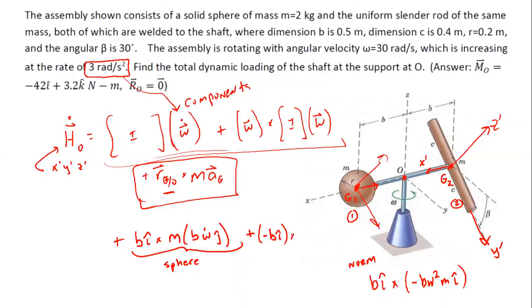And then I've got to cross that into M times my tangential acceleration of G2 there. Which direction is that going to be in? The question is a tangential acceleration, so that thing's going around in a circular path.